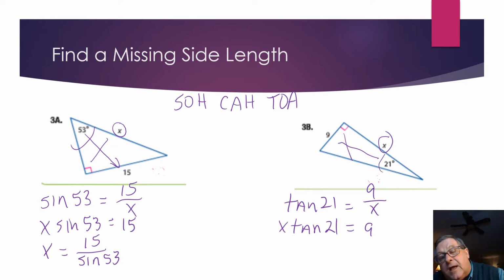But to isolate the x, we got 9 over the tangent of 21. Now let's go to the calculator and let's calculate 15 over the sine of 53, which is the hypotenuse of our first triangle, and 9 over the tangent of 21, which is the adjacent side of our second triangle.